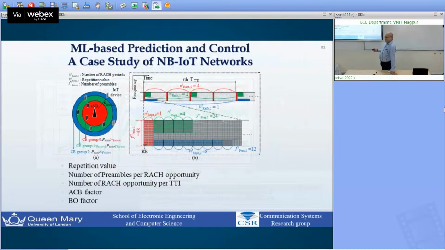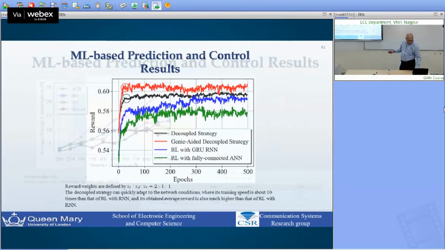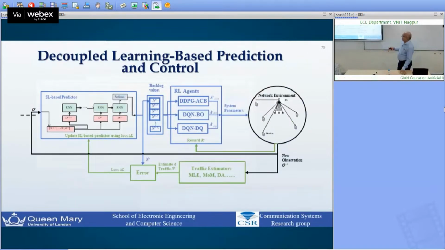Here today we haven't used LSTM, and we considered only the ACB factor, the back-off factor, and the distributed queuing factors. Only these 4 we considered.